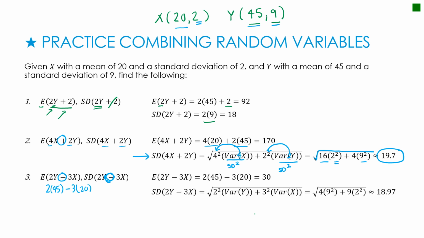So notice here, the 2y means I took the 2 out front, so 2 squared times the variance of y, which is the standard deviation of y squared. And then 3x means 3 squared times the variance of x, and that means the standard deviation of x squared.